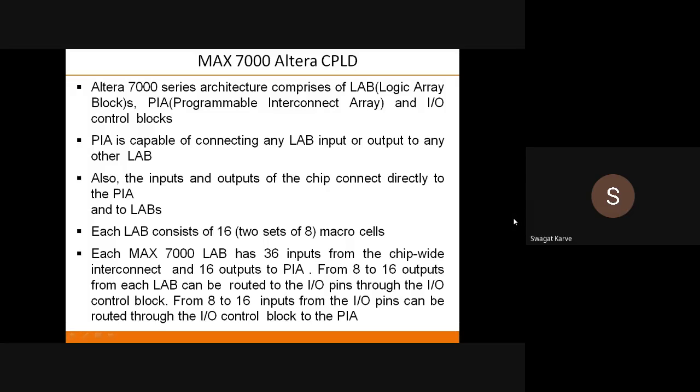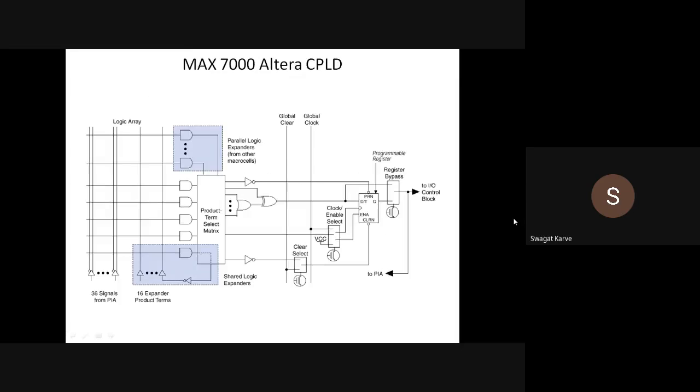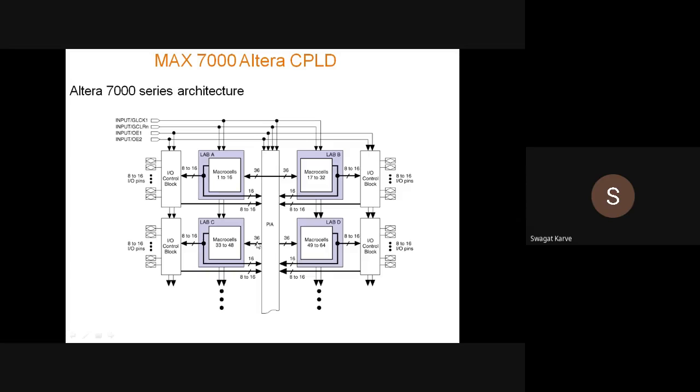This PIA is capable of connecting any logic array block input or output to any other logic array block. That means, with the help of this PIA, every logic array block, lab A, lab B, lab C, and lab D, these 4 labs are interconnected with each other through this programmable interconnect array.